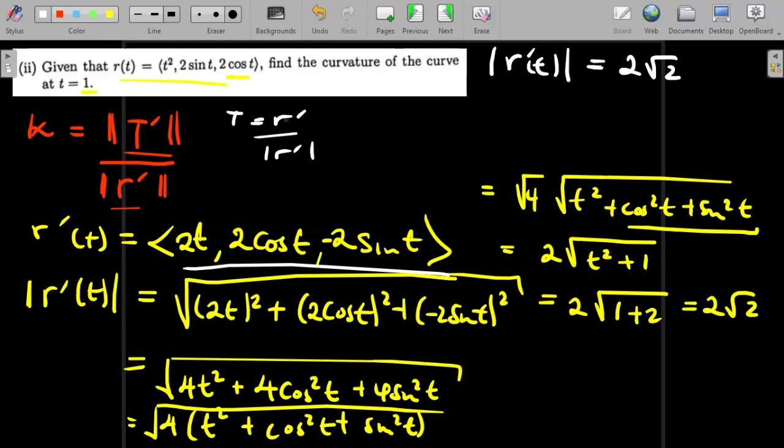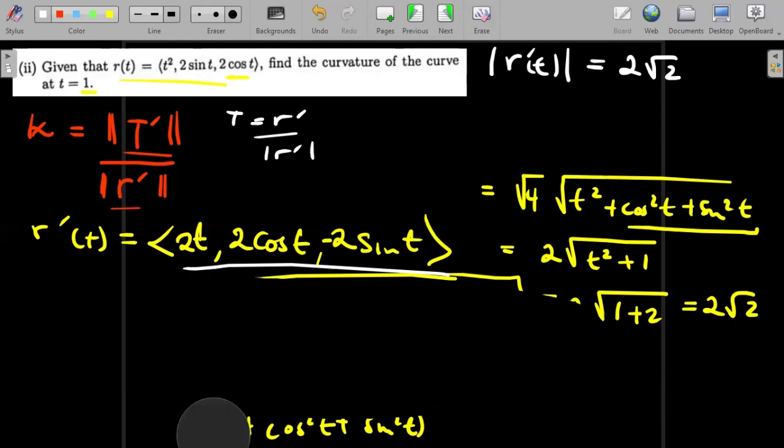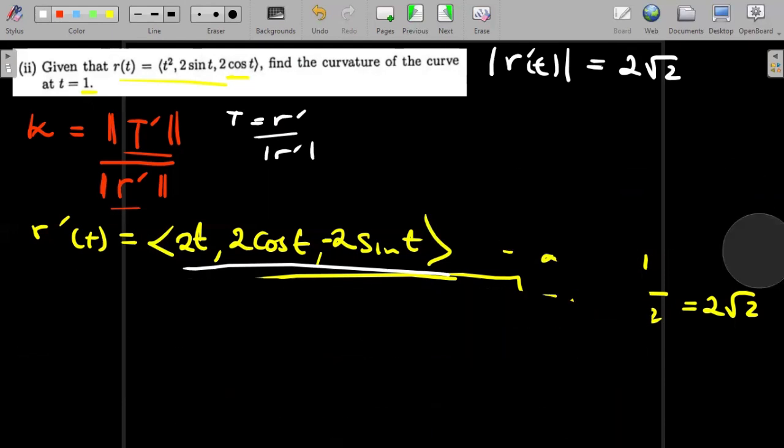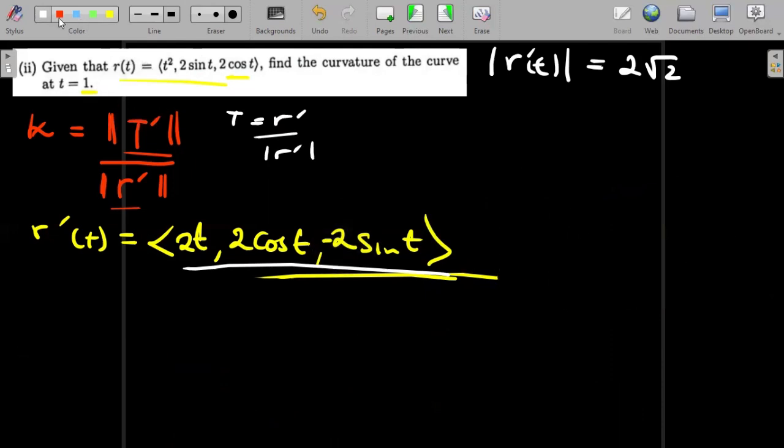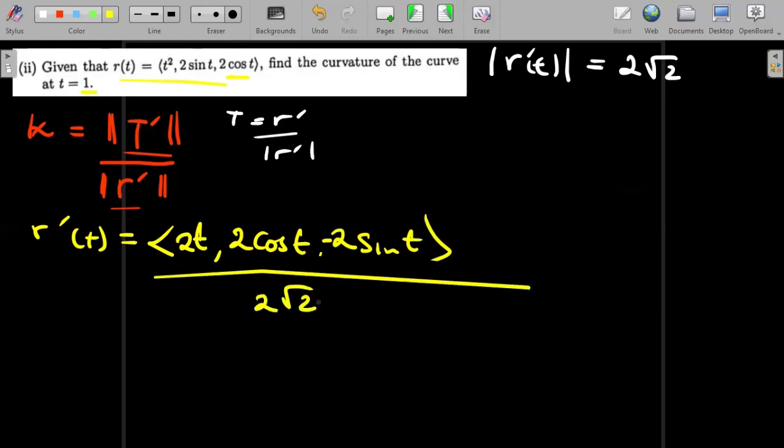So I have the modulus and I have this vector, so I can find T. So T is going to be my R prime divided by 2 root 2.